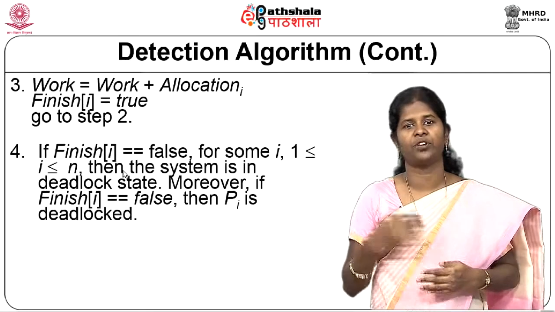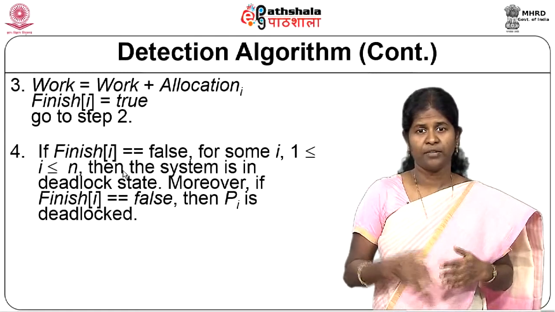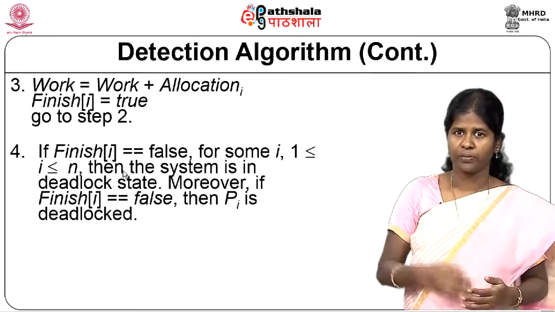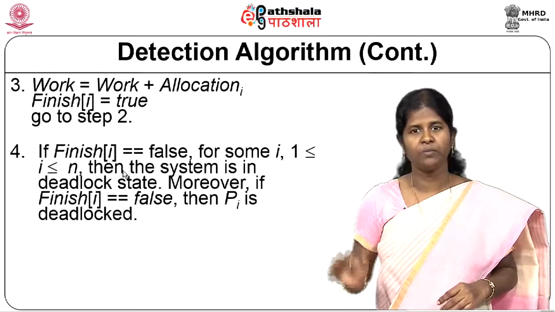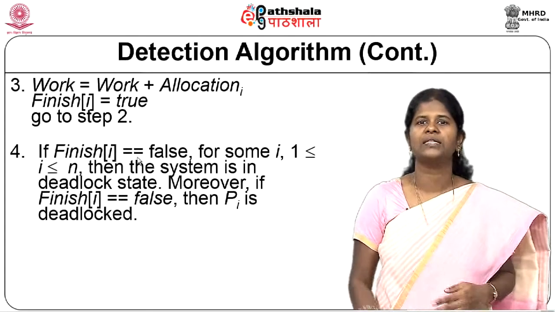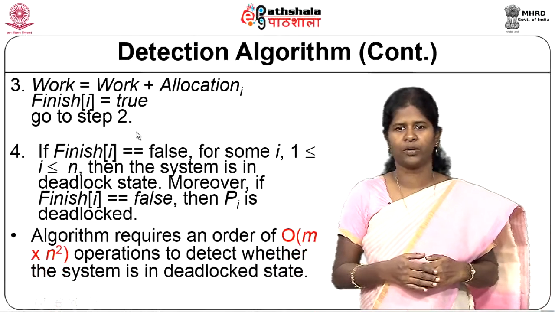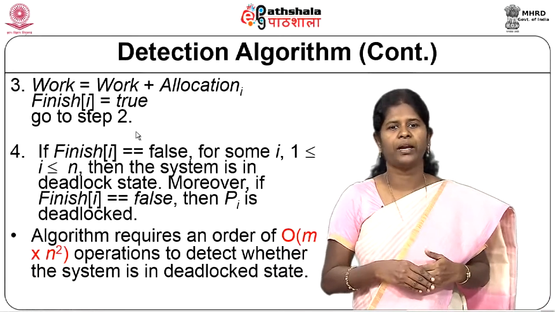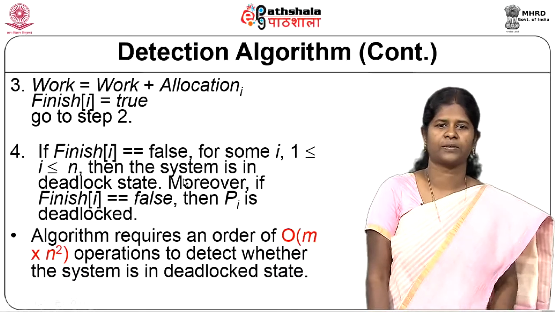If this can be done for all the processes, then the system is not deadlocked. If for some process Pi you are not able to allocate, then this particular process Pi is involved in the deadlock. And this algorithm requires an order of m times n squared operations to detect whether the system is in a deadlocked state.